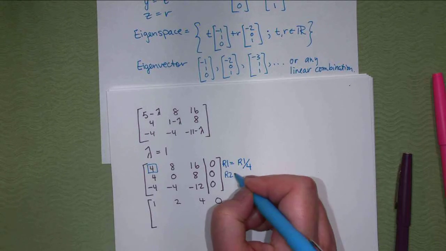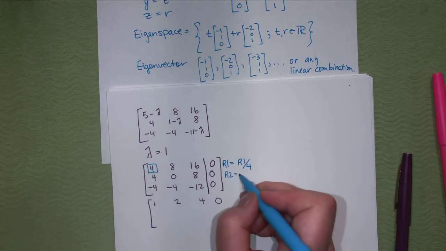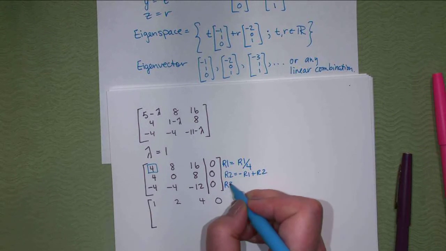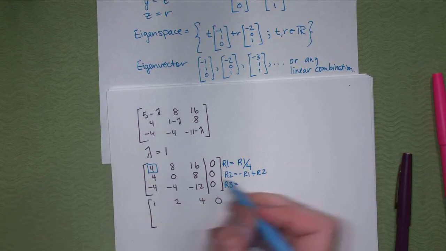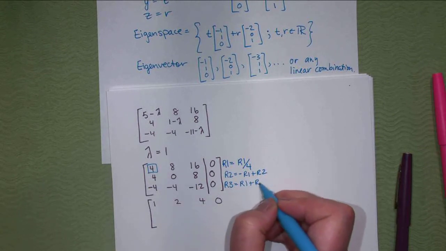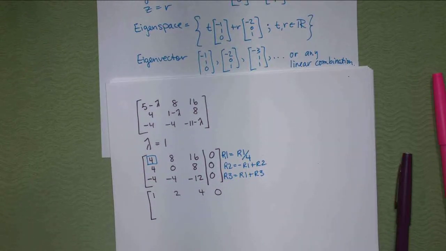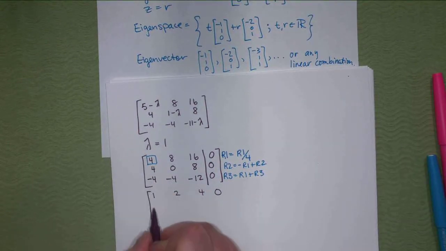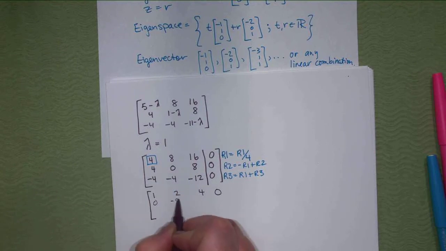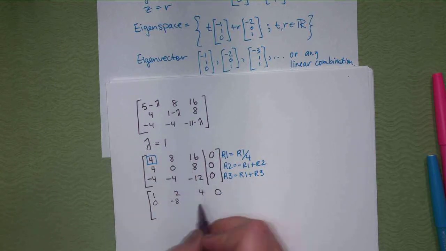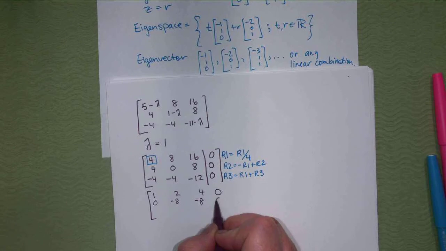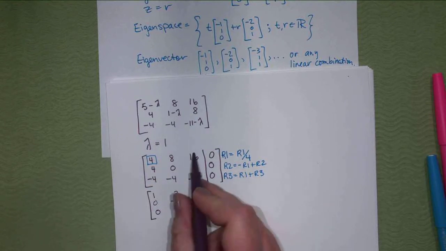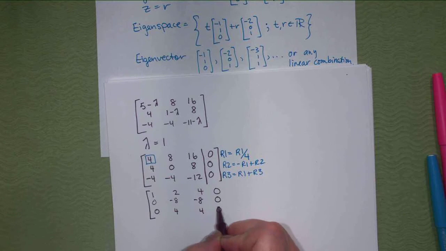So row 2, this 4 needs to be a negative. And row 3 is a negative, so I could just add them. So row 1 plus row 3. All right, so if we do those, and 0, 4, 4, 0.